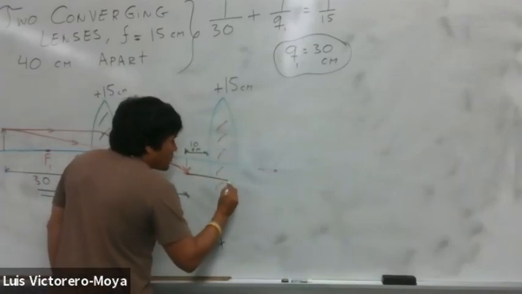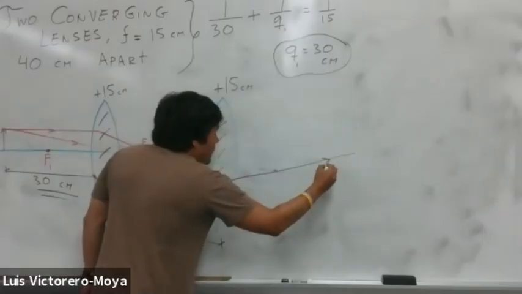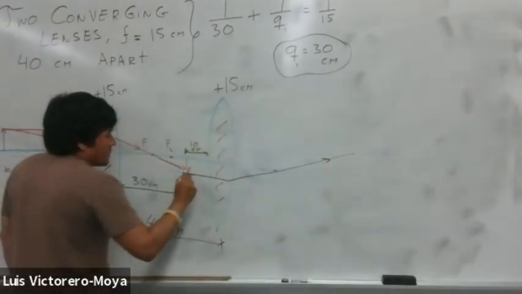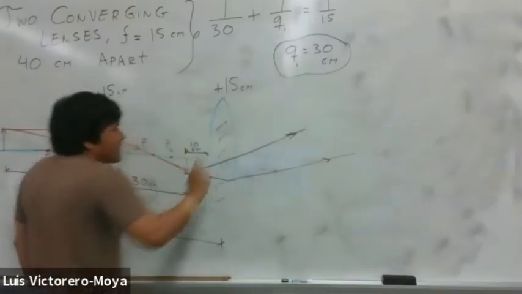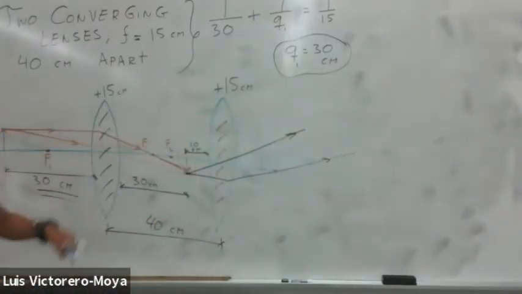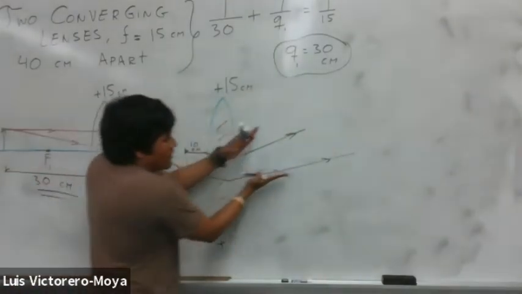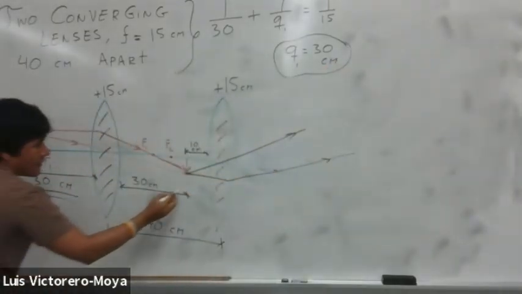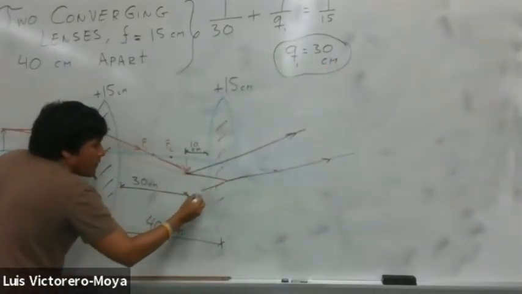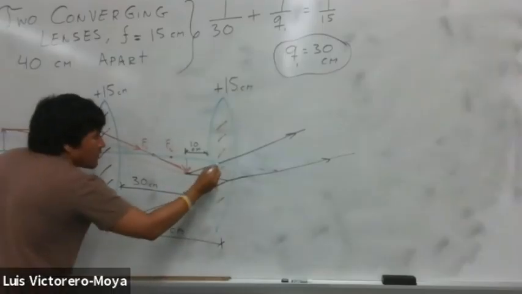I said this goes like that, but you also have this, right? Do they intersect over there? No. One is going like this, the other like that. So what do we have to do? We have to come back. Like this.